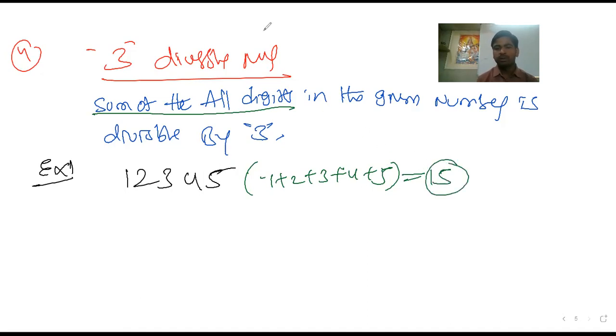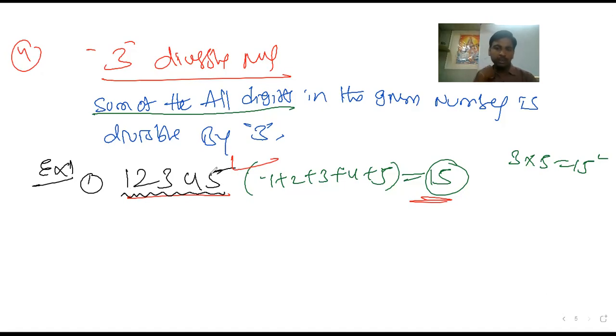Definitely, because 3 fives are 15. Therefore, the total number is divisible by 3. Just take a number, add all individual digits, and if the sum is divisible by 3, the entire number is divisible by 3.